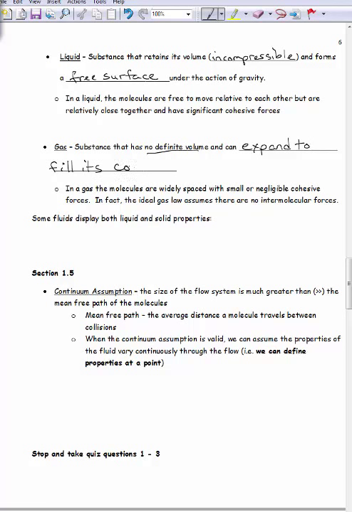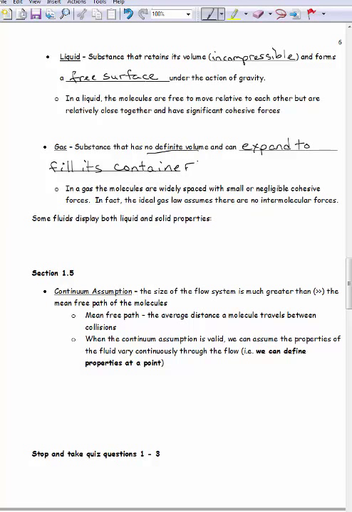So you're not going to get a half full glass of air. And the molecules are spread apart a lot wider, more separate than they are in liquids, and in fact, there are much lower intermolecular forces. If we assume an ideal gas, that means we're assuming there are no forces between the molecules in the gas.